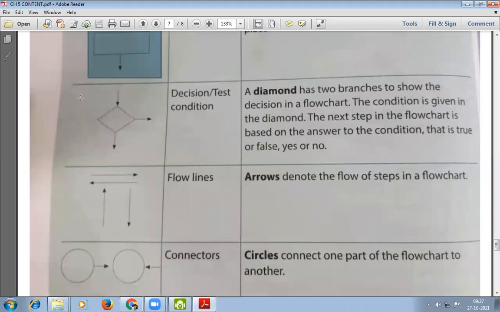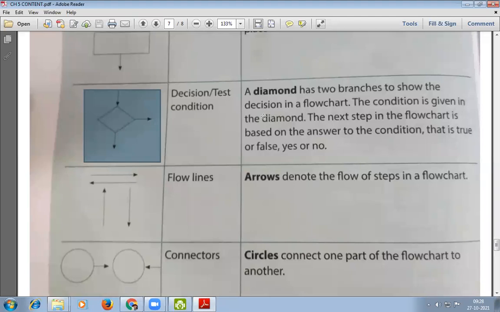Next one, this symbol is called decision or test condition. A diamond has two branches to show the decision in the flowchart. The condition is given in the diamond.